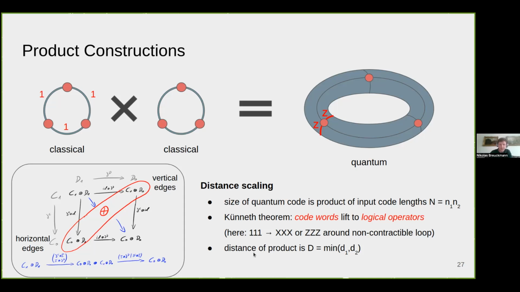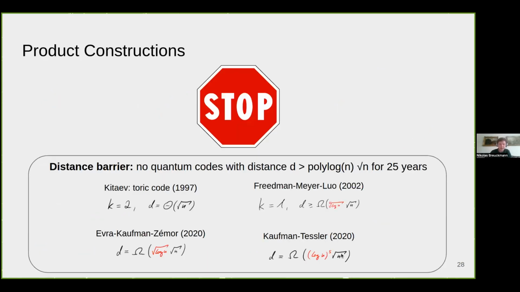This means that the distance in the product is just given by the minimum distance of the input codes. And these 2 facts, that the number of physical qubits scales quadratically in the distance, just mean that we have an upper bound on what distance we can achieve. We cannot do better than square root n, essentially. And it turns out this was a bit of a barrier for a long time.